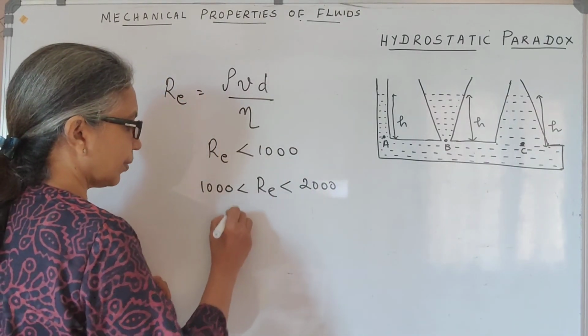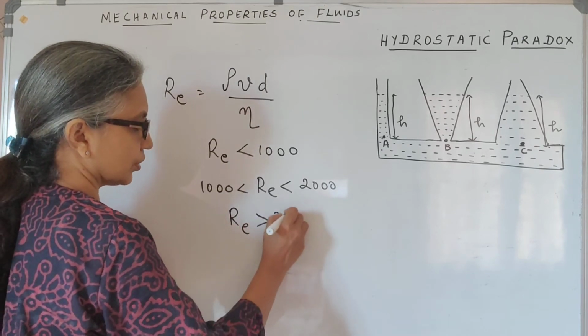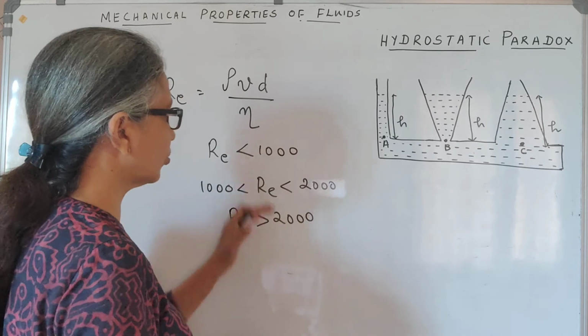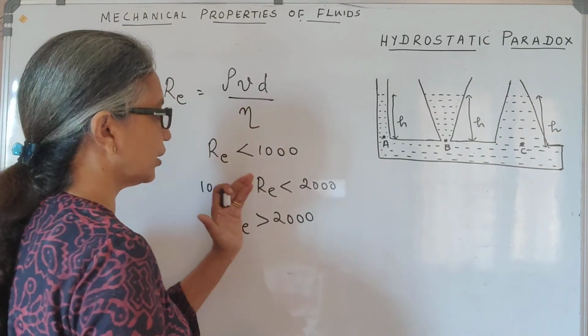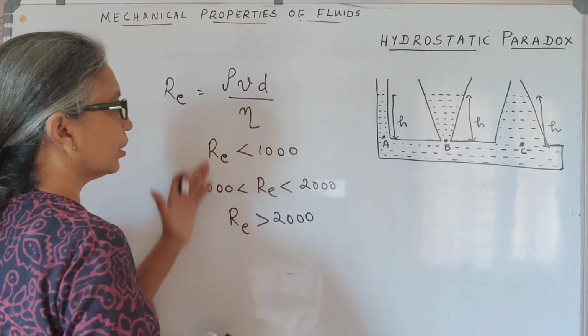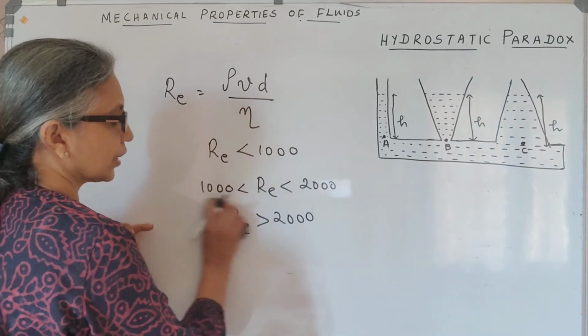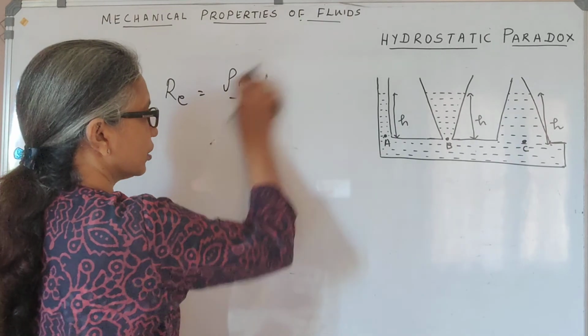But if this number Re is greater than 2000, then surely the fluid flow is turbulent. So this is how Reynolds defined a Reynolds number depending on the factors rho, v, d and eta, which will tell us whether the flow is steady or turbulent.